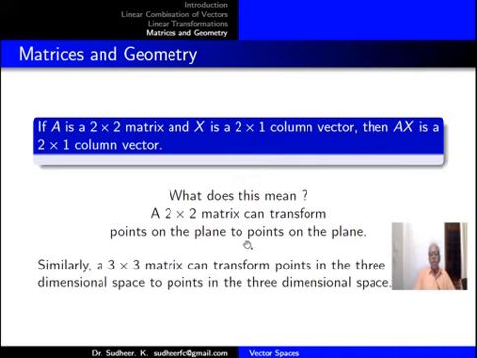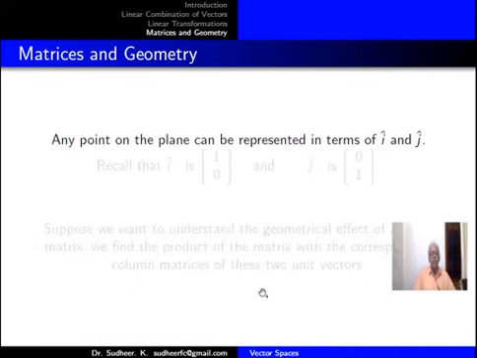So a 2 by 2 matrix can transform points on the plane to points on the plane. Similarly, a 3 by 3 matrix can transform points in the 3-dimensional space to points in the 3-dimensional space.